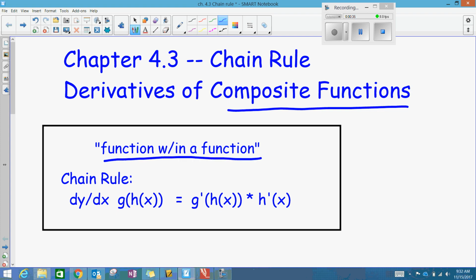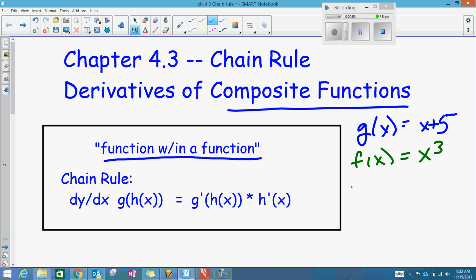For instance, you've seen composite functions in Algebra 2 and Pre-Cal, where let's say g of x was x plus 5, and let's say we had f of x, and we'll call f of x x cubed. Okay?